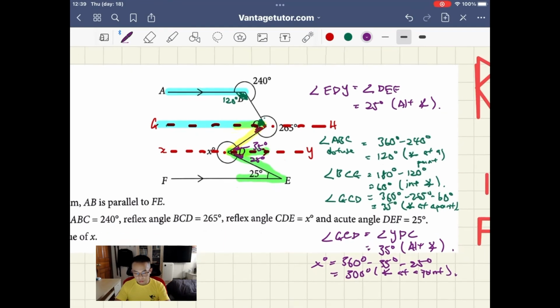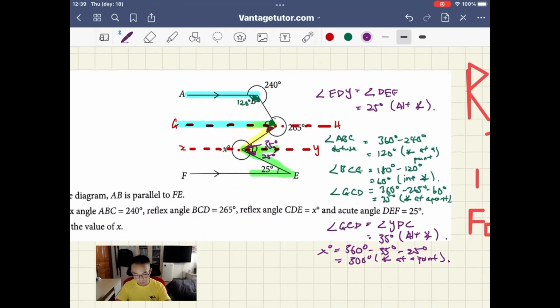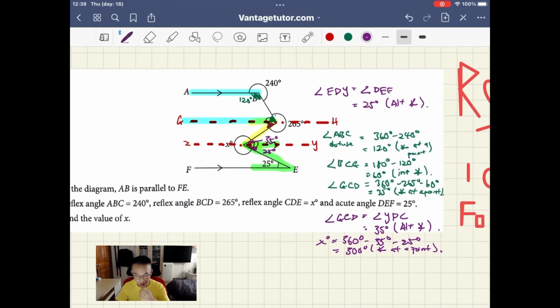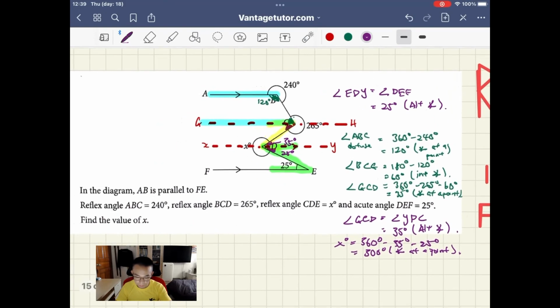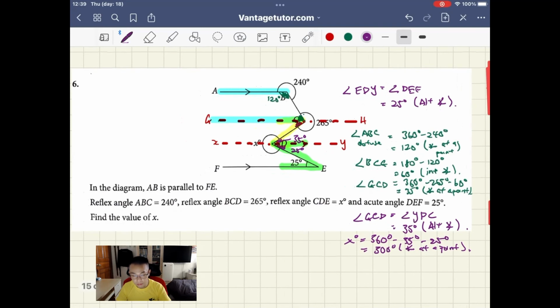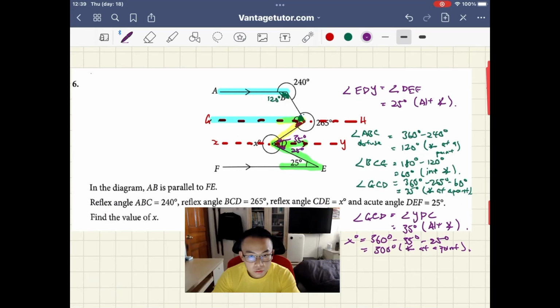Okay, now sorry for my bad handwriting. You all know from experience that my handwriting is terrible, but I hope you can see what I did here and actually learn something from it. Basically, the idea in this whole chapter is two parallel lines: corresponding angle, interior angle, alternate angle. These three main angles are to be used.